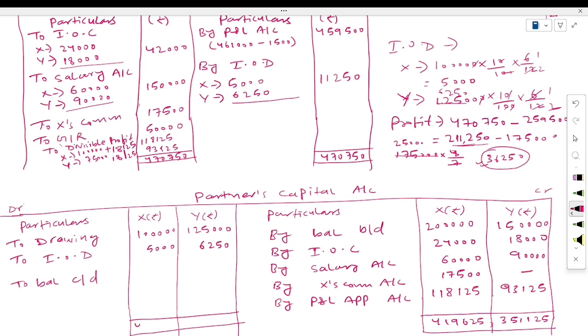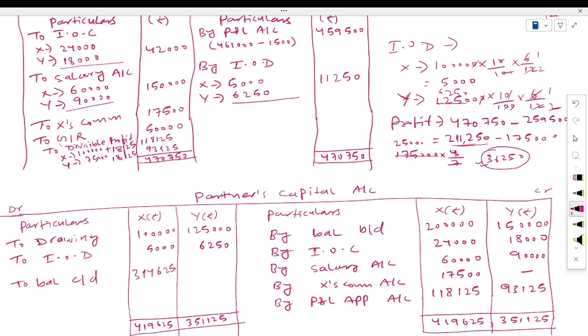Same amount we will write here 4,19,625, 3,51,125. And what will be the balancing figure? 4,19,625 minus 1,05,000. It means 3,14,625.